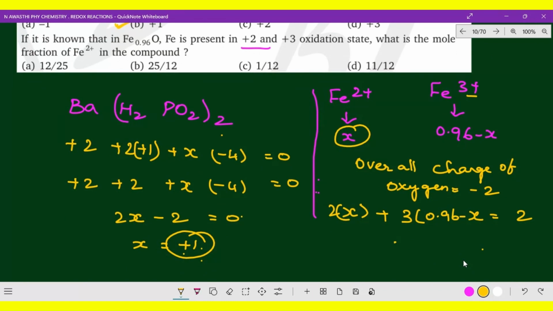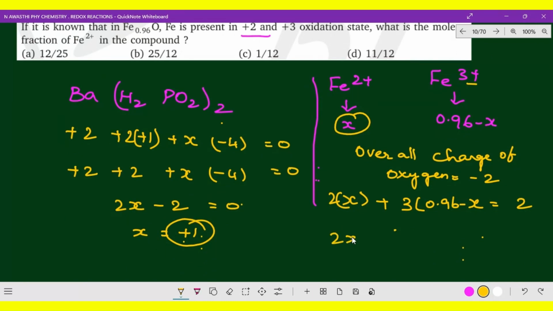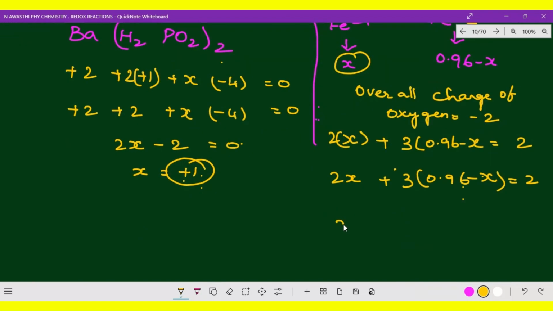Right, now the next point I wanted to write: here 2x is there, plus 3 of (0.96 minus x) equal to 2. Right, now let us multiply. So 2x plus 3 into 0.96, you will get 2.88 minus 3x. So you have to multiply this and this, right?